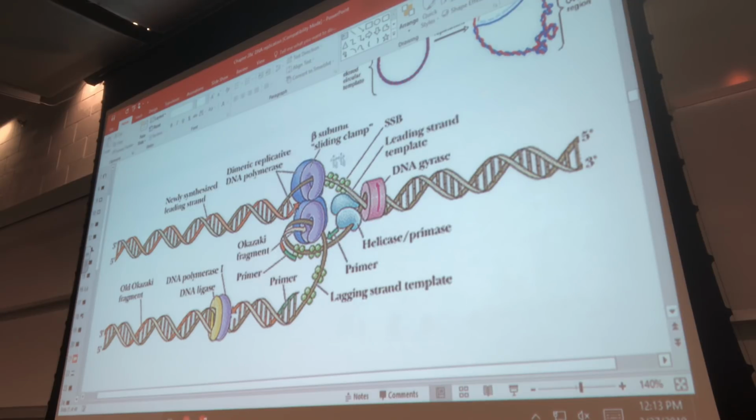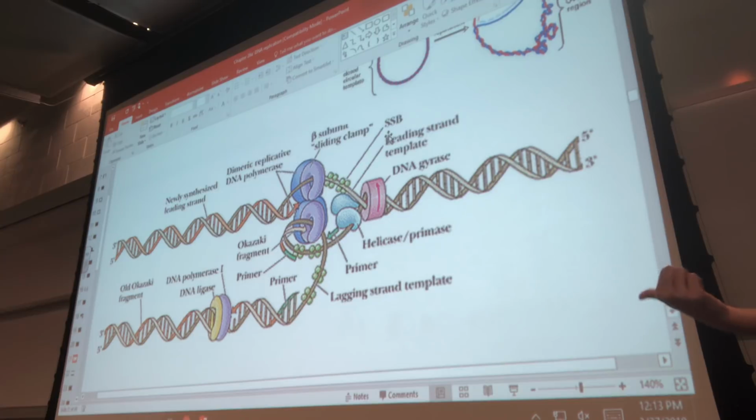The main enzyme in prokaryotic DNA replication is DNA polymerase Roman numeral 3. It doesn't say it here, but it's DNA polymerase 3. That's the one that does the majority of your prokaryotic DNA replication. The reason it's able to do most DNA replication is because DNA polymerase 3 has this special subunit called the beta sliding clamp.